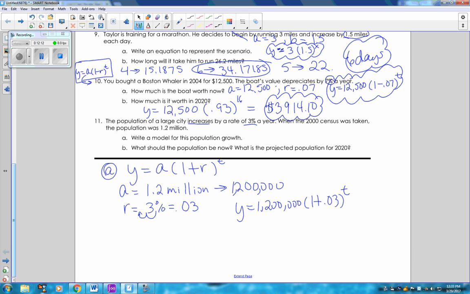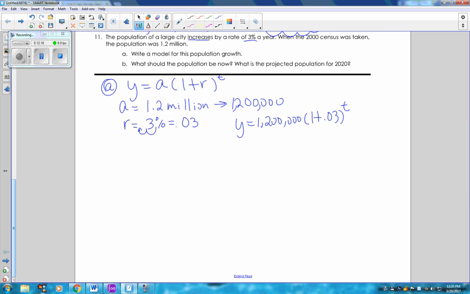You could leave that as 1.2 million, but just make sure whenever you state your answer in Part B that you say million if you left the word million in there. Part B, it asks us what should the population be now.